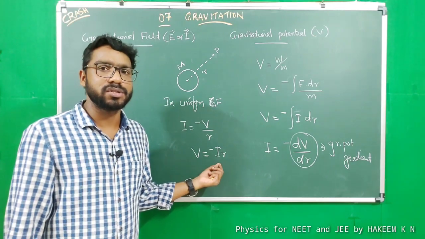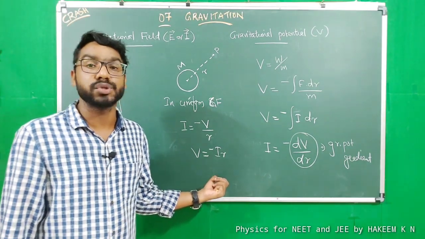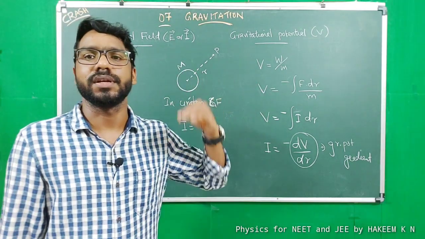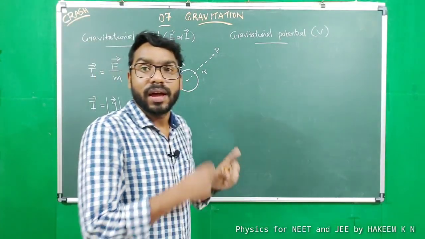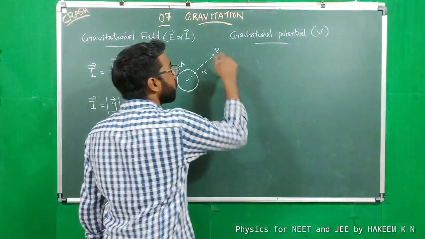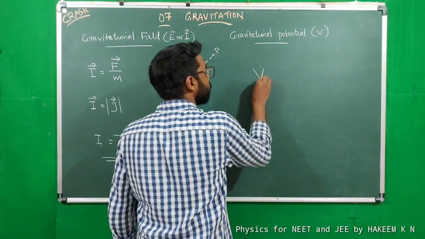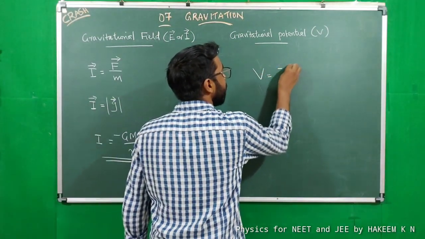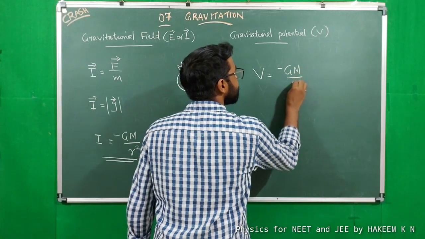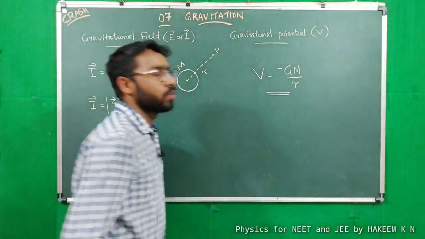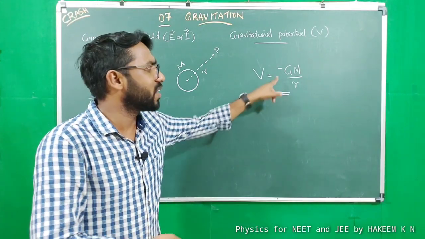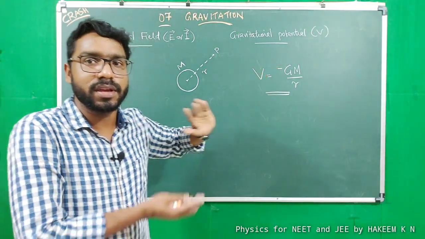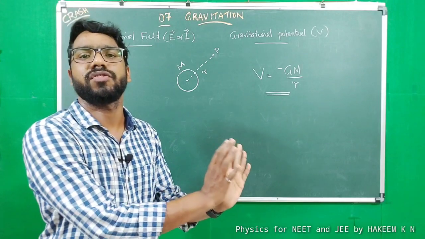This negative sign shows the gravitational field is always attractive. So gravitational potential at a point P is found using the equation V equals minus GM by R. Okay, this negative indicates the field is attractive.